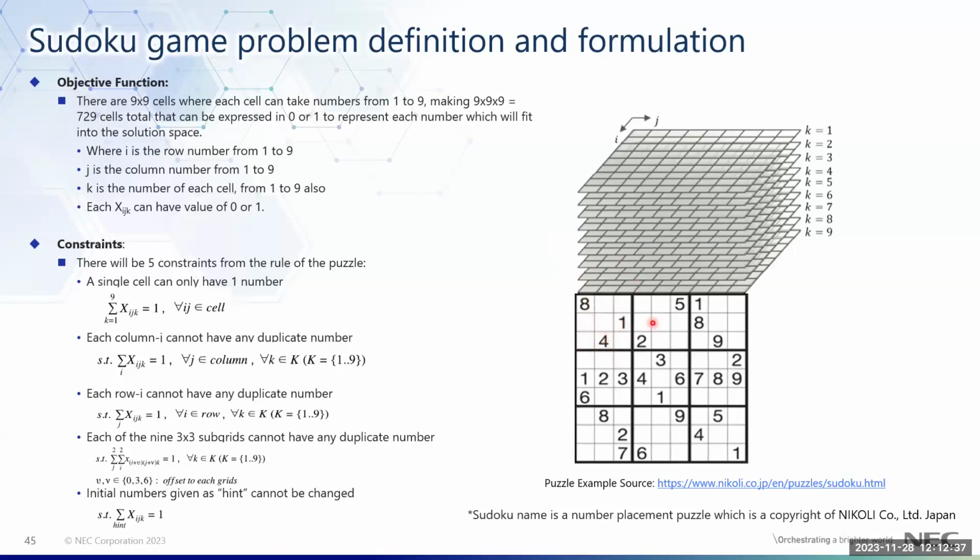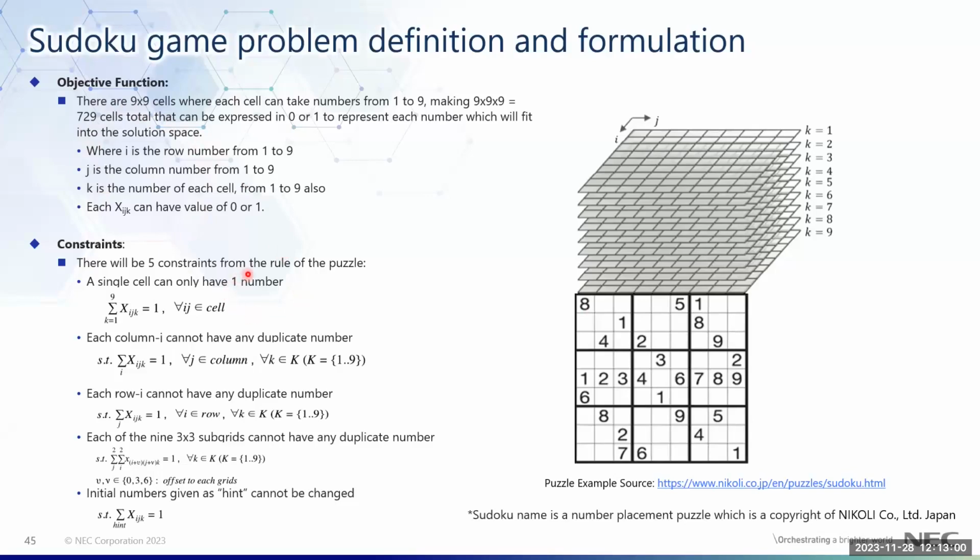So k would be 1, 2, 3, 4, 5, 6, 7, 8, 9. So we have i, j, and k. And now we have to say that each x, that's x_ijk, can either have a value 0 or 1. This is how we can formulate our objective.